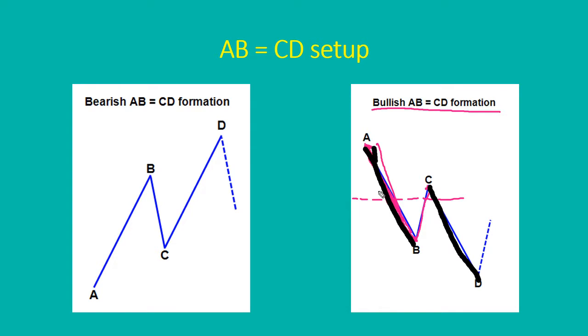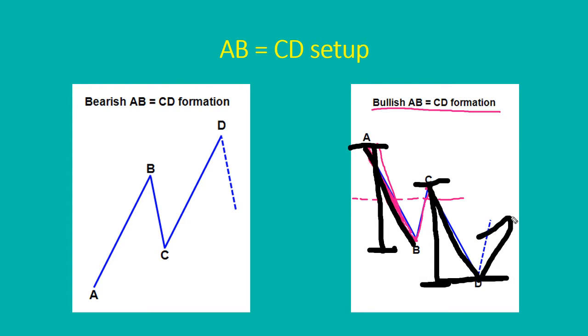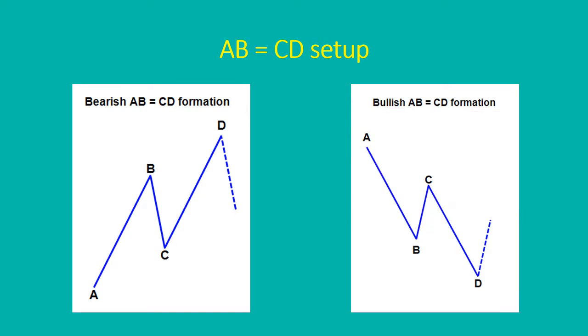So if this is 50 pips, then this is also 50 pips. From there, you go long. As I said, basically the logic behind this formation is that the market doesn't like to move in straight lines. Instead, it does those sort of reversals, and it's sort of a psychology factor where the pullbacks occur.